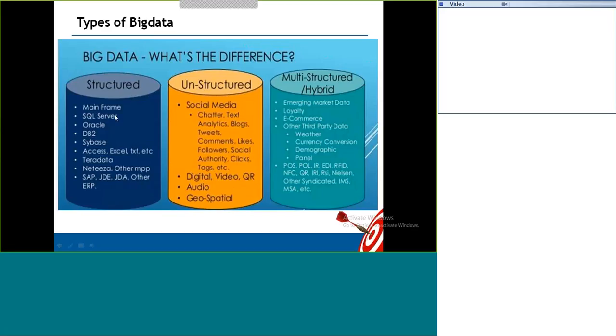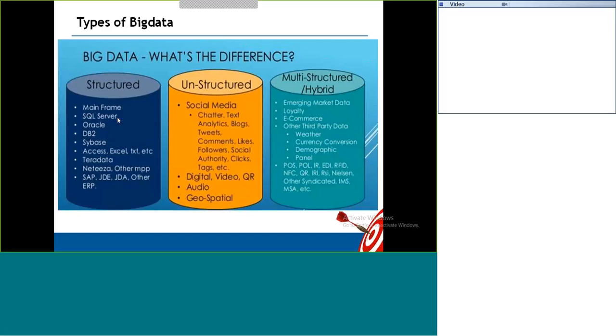Structured data means the data coming from databases like SQL Server, Oracle, Teradata, DB2, Microsoft SQL Server, and MySQL. This is structured data. The total data generated throughout the world which is stored in structured format is only 10%.